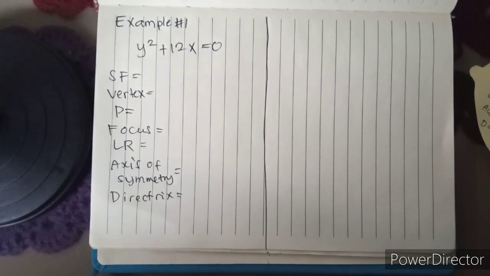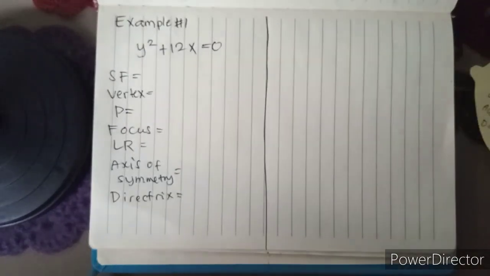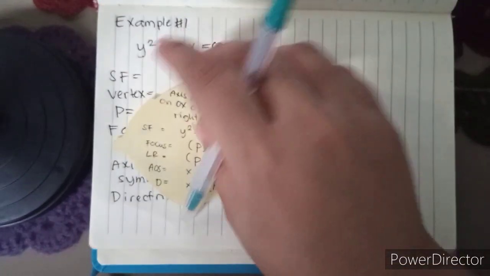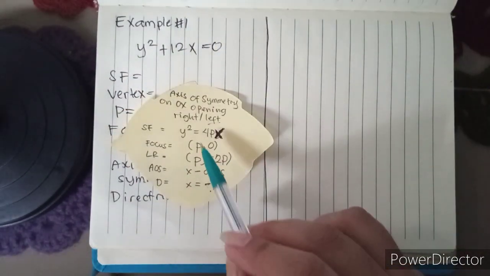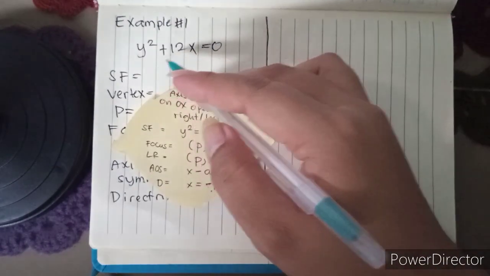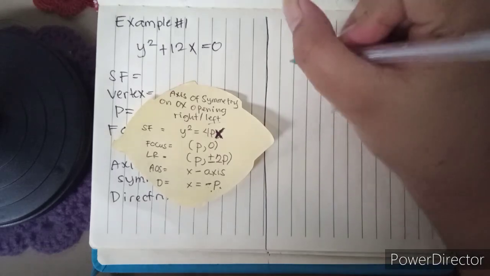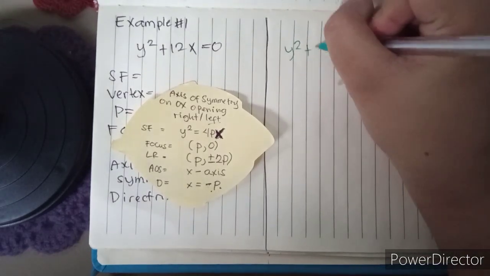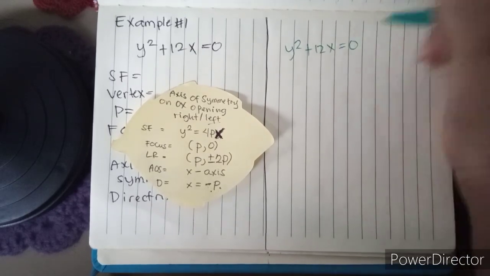Okay, since ang naka-squared natin ay y, so ang gagamitin natin is yung pang-horizontal.